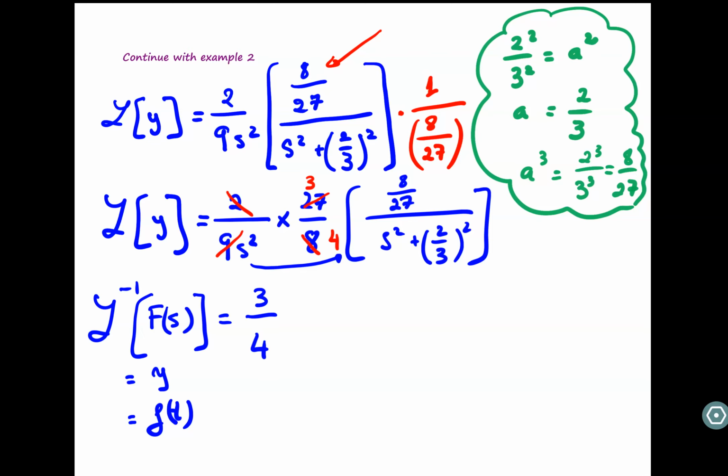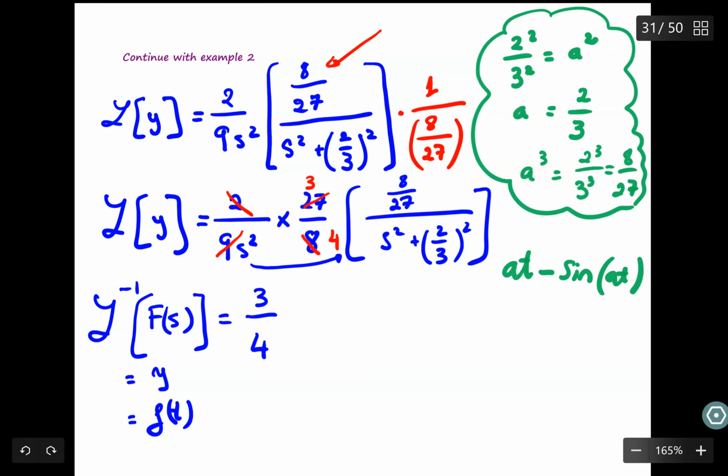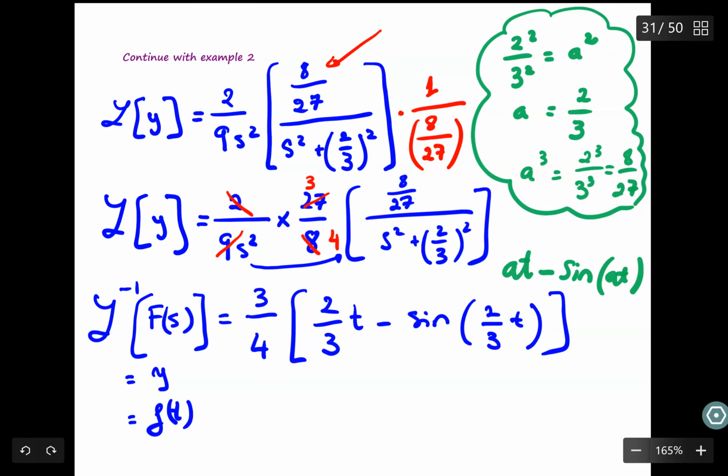With this, I can convert it into my Laplace in terms of t. It will be at minus sine of at, which is transform number 8. So I can write this as multiplied by 2/3 t minus sine 2/3 t, close the bracket, and we are done.